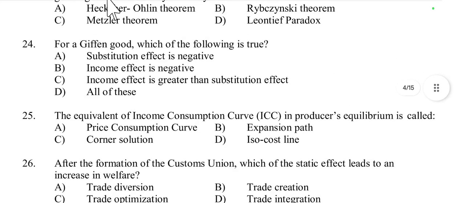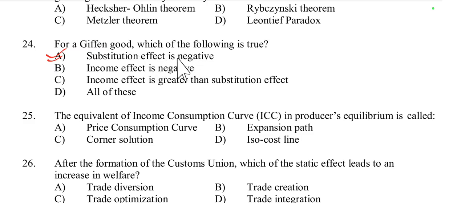Then question number 24. For a given good, which of the following is true? Substitution effect is negative, income effect is negative, income effect is greater than substitution effect. So first, the substitution effect is negative. Yes, in a given good the substitution effect is negative. How? It means that as the price increases, the consumer would normally want to substitute away from the good.